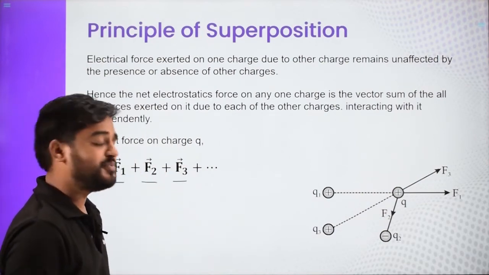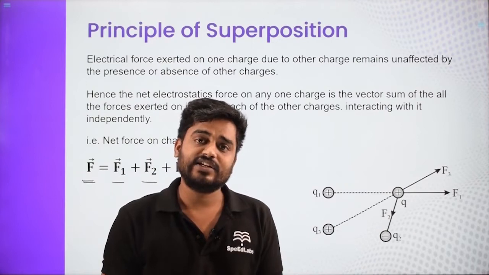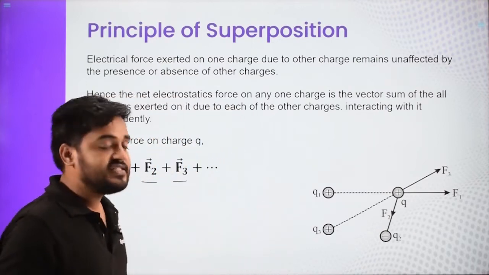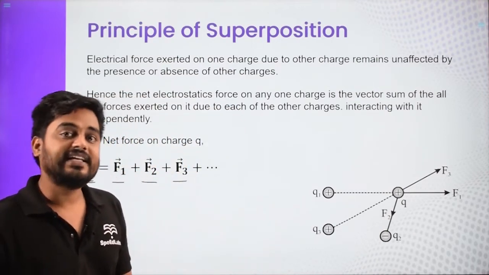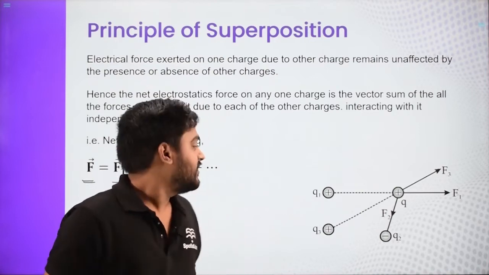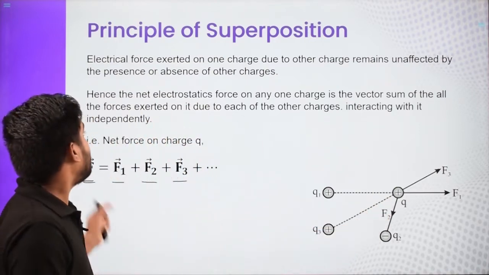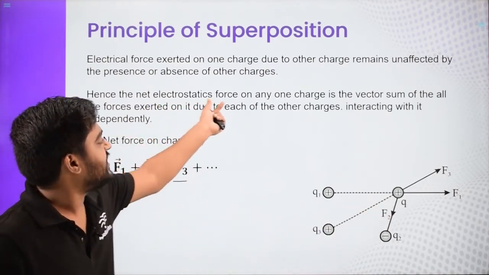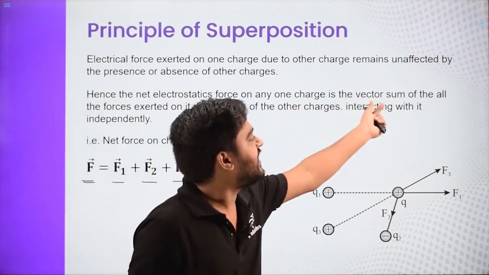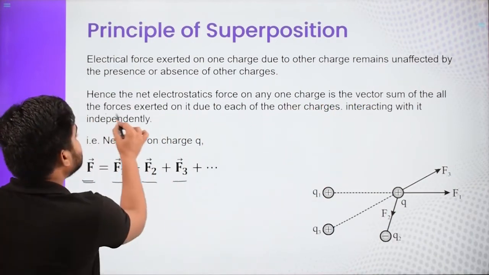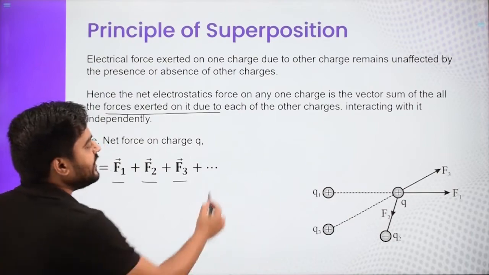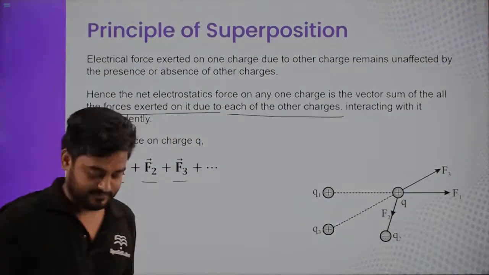If more charges are present, get the force exerted due to that individual charge and just do the vector addition. That gives us the net force on this charge. So the net electrostatic force on any one charge is the vector sum of all the forces exerted on it due to each of the other charges.